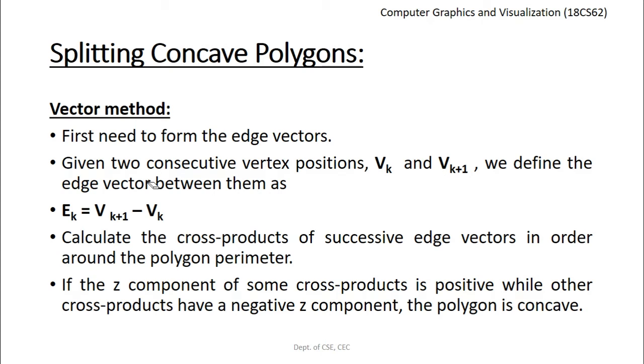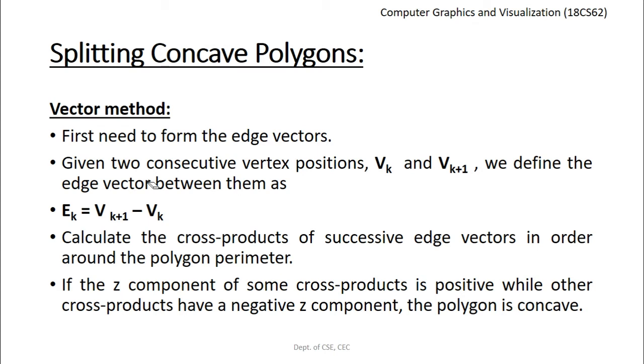The first method that we have is called the vector method for splitting a concave polygon. Here first we need to form the edge vectors, as we did earlier. For every edge of the polygon we need to consider it as a vector. Given two consecutive vertex positions vk and vk plus 1, we define the edge vector between them as ek equals vk plus 1 minus vk. We need to calculate the cross products of the successive edge vectors in order around the polygon perimeter.